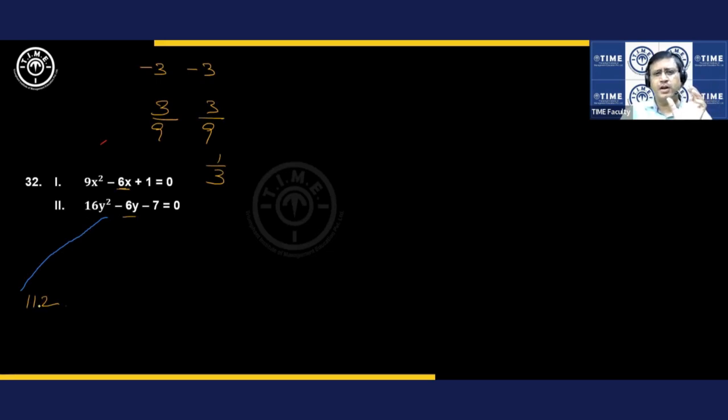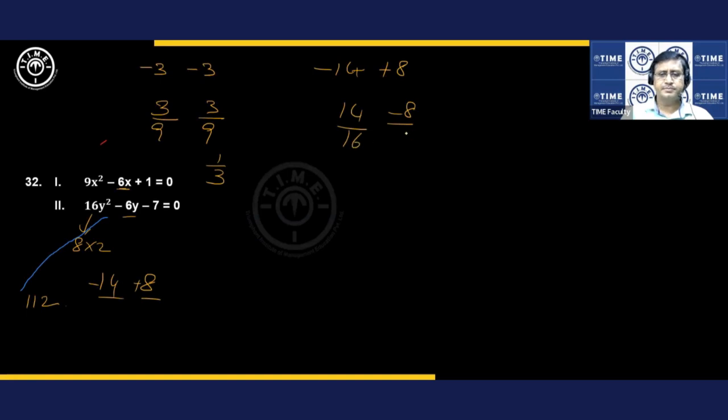It is difficult for a normal student to find the factors. Better write this as 8 into 2 into 7, that is 14. 14 and 8. How much is the difference? The middle term. So minus 14 plus 8 are the factors. What about the roots? The same numbers with the opposite sign, divided with the coefficient of y square.